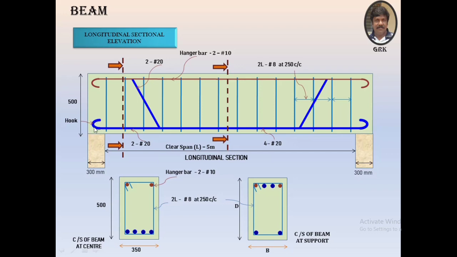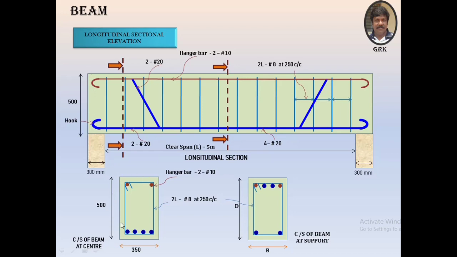For the calculation purpose, we have shown the hooks here at the ends, meaning this is a mild steel bar. In the next example, we'll show you about HYSD bars or Tor steel. Only for the purpose of calculation, I made use of these hooks at the ends. Now here you find a gap between the end of the beam and this reinforcement. We call it the end cover.